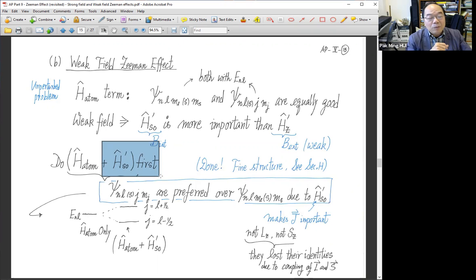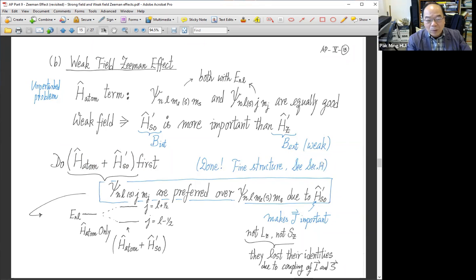So the first problem we have to handle is the atom Hamiltonian plus spin orbit interaction. Fortunately, we already did this part in the fine structure discussion. So if you forgot what we did, go back and see the section on fine structure.